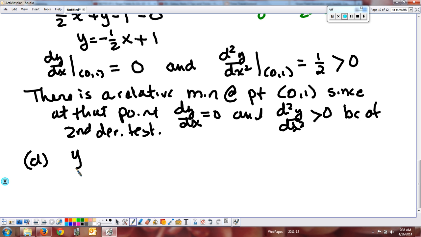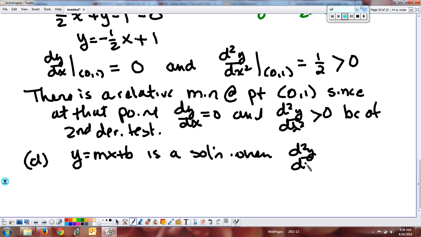Okay, so y equals mx plus b is a solution when your second derivative is equal to 0. And you'll recognize you already did the work, and that would be when your negative 1/2 x minus 1/2 is equal to y.